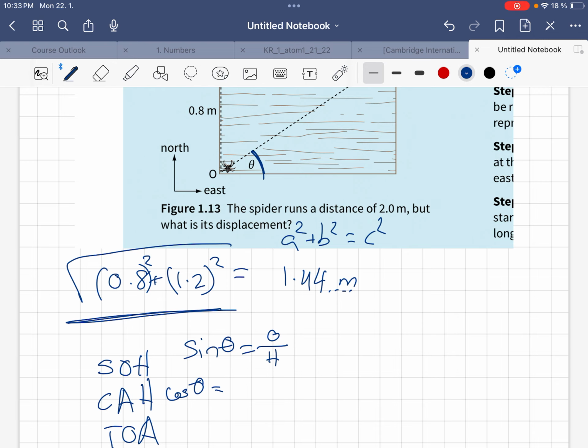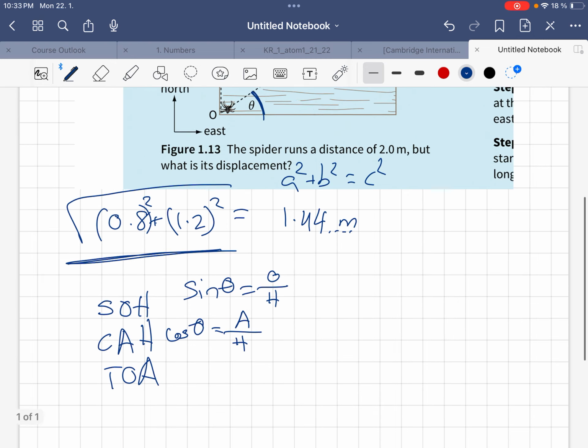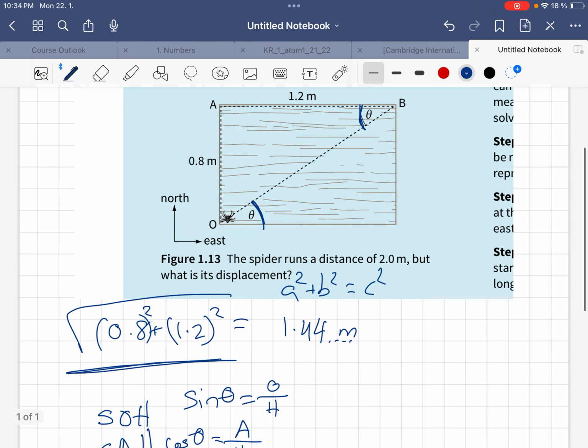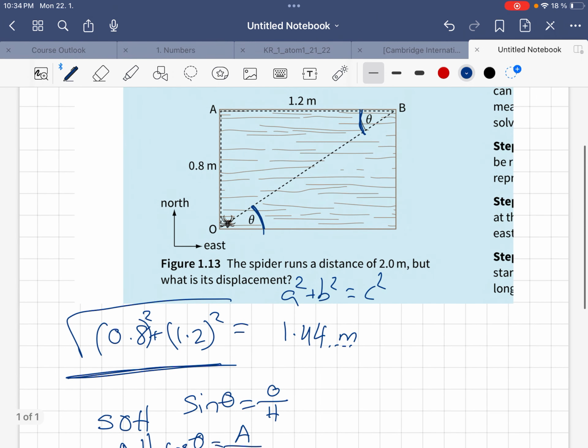Cosine theta is equal to adjacent over hypotenuse, and tan theta is equal to opposite over adjacent. The good thing is, since we have the hypotenuse and we have this side and this side, for this angle theta here, I mean these two are equal, but let's just focus on this one over here, how to calculate.